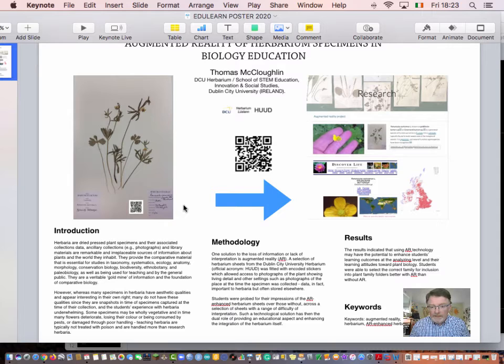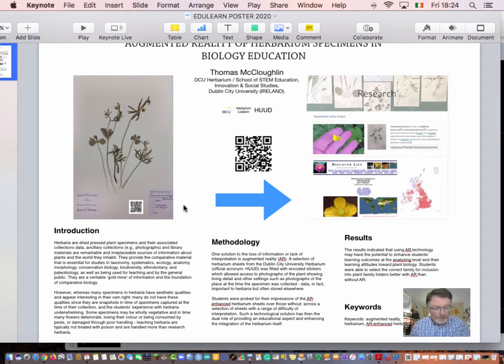However, the thing that was particularly interesting was that they were then presented with a series of sheets with an increasing level of difficulty in being able to sort them into families. What we did find is that when they were doing the sorting with the AR enhanced sheets, the sorting activity was done more efficiently.